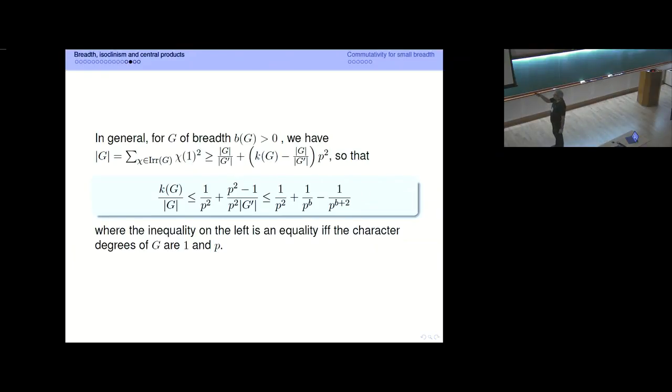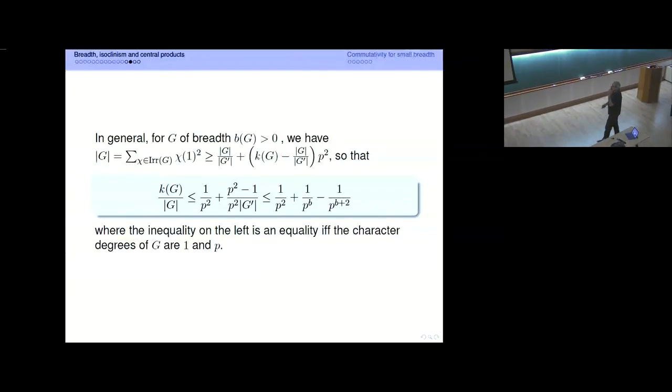And observe that in the first inequality up there, right here, you can reach equality if all the characters of the group that are non-linear have degree P, so that this inequality can be an equality in that case.